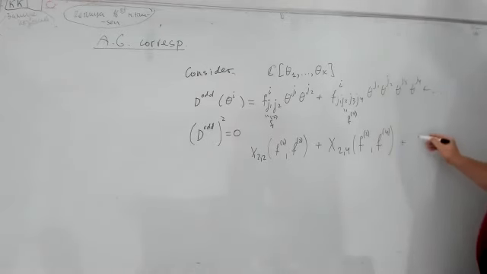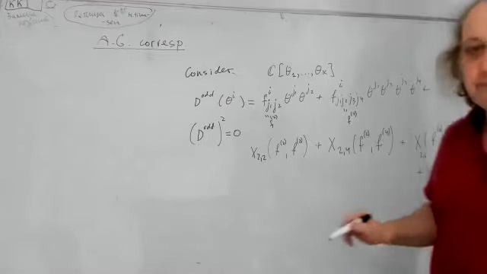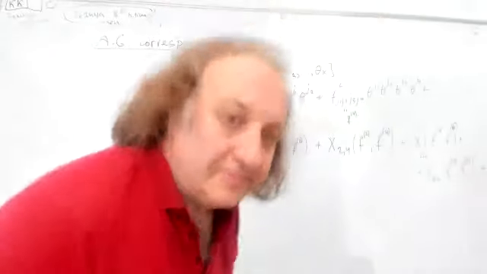Then I will get some structure that would involve f2, f4, f6, and I need to group it with the structure 4, 4. And so on. Okay?